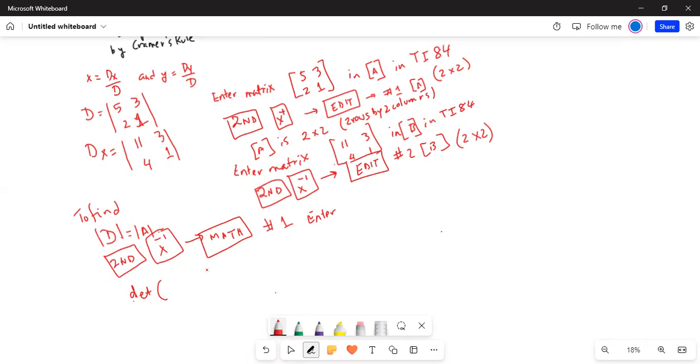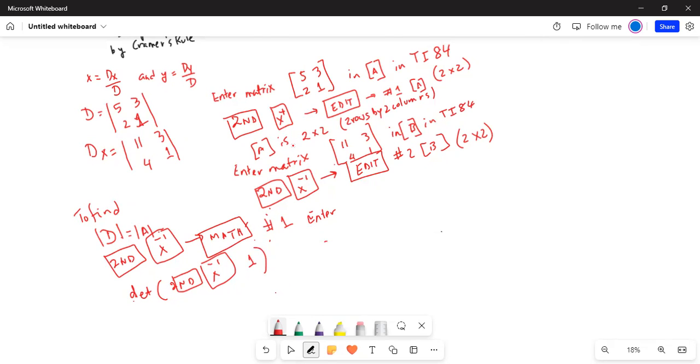Inside the determinant, det left parenthesis, I press the second button, the x minus 1 button, and then select number 1. Close the parenthesis and hit enter, and you'll get the answer.